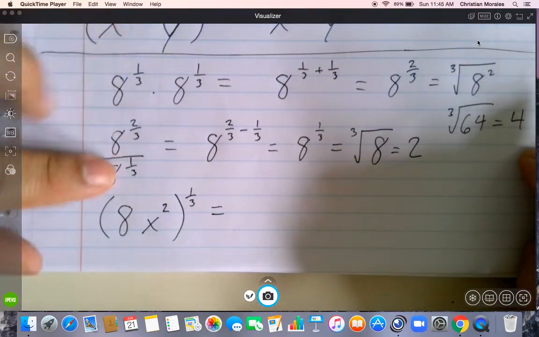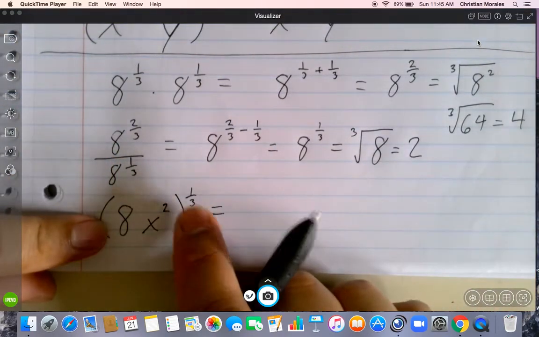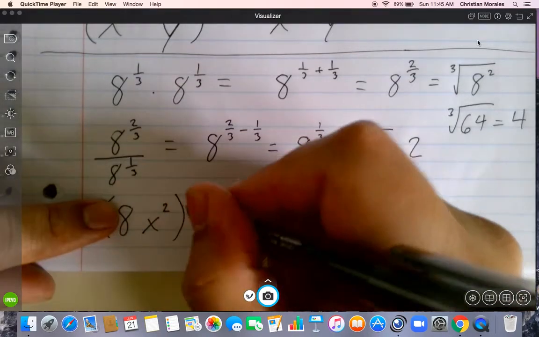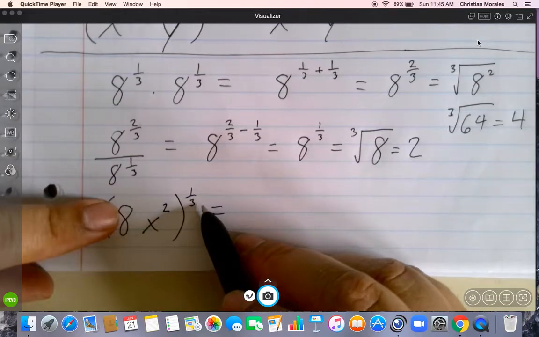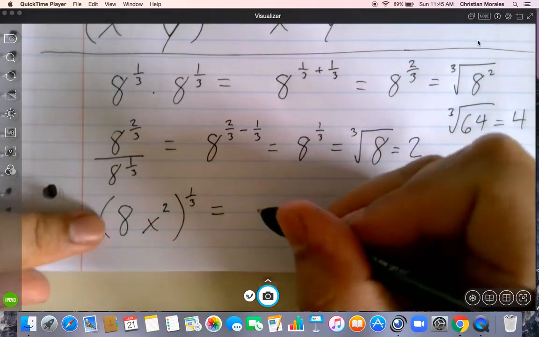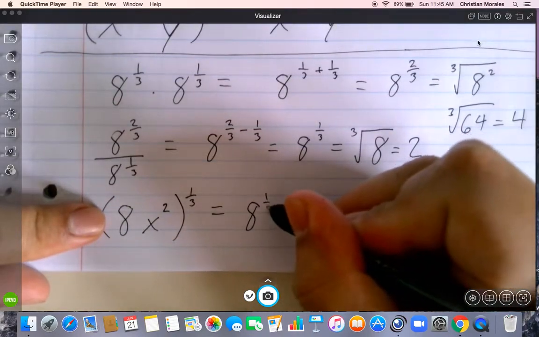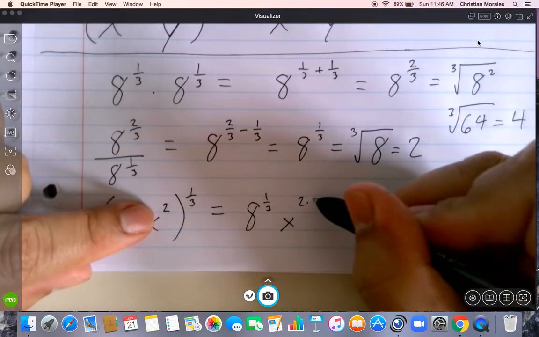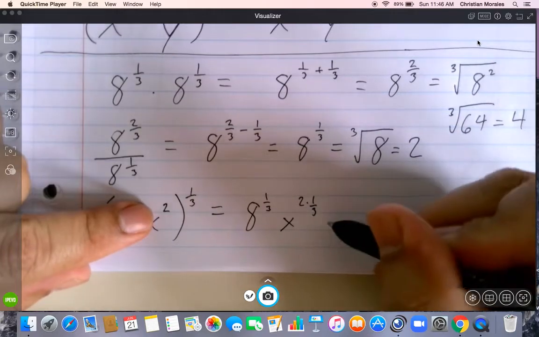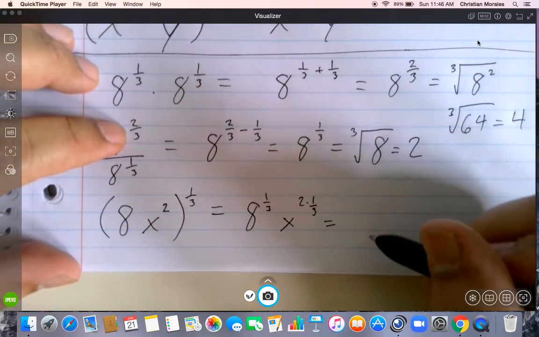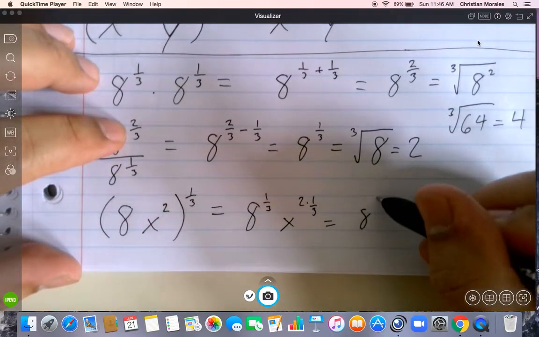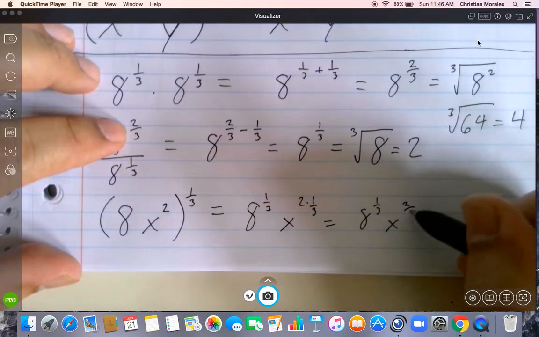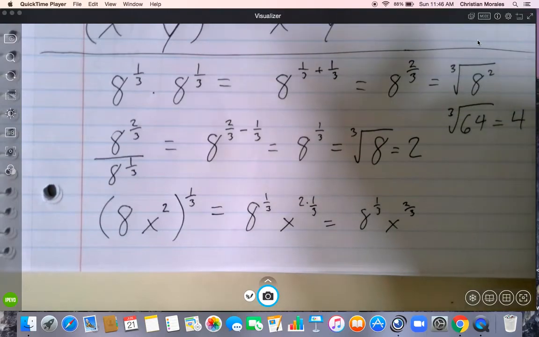That's the answer there. Okay, here you have a cube root and you have 2 numbers inside. So the 1/3, this cube root is going to distribute. So you're going to get 8 to the 1/3. And then with the 2, you're going to multiply 2 times 1/3. So you end up with 8 to the 1/3 and x to the 2/3. Okay, and you can do them separately.